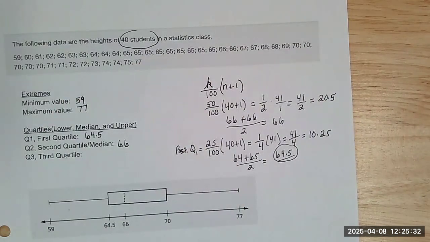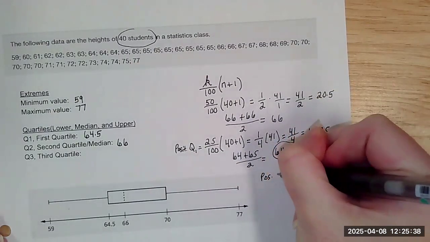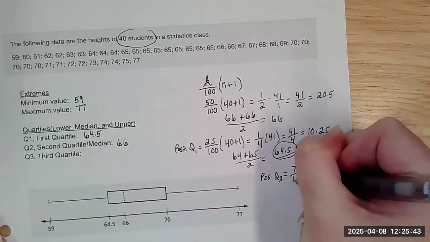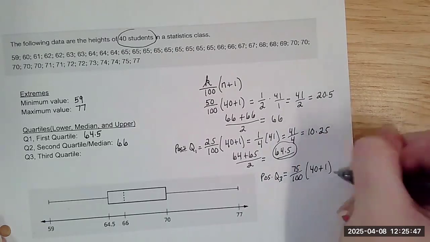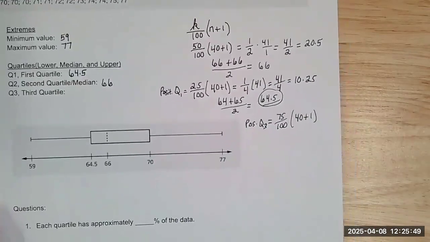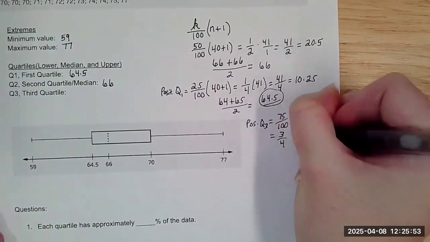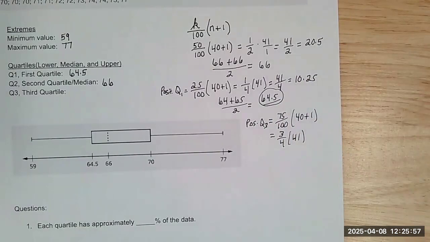Okay. To do the position for Q3 then, I'll do this down here. For the position for Q3, we're going to take 75 over 100 and multiply that by 40 plus 1. 75 over 100, that's just 3/4 times 41. This one comes out a little crazier.